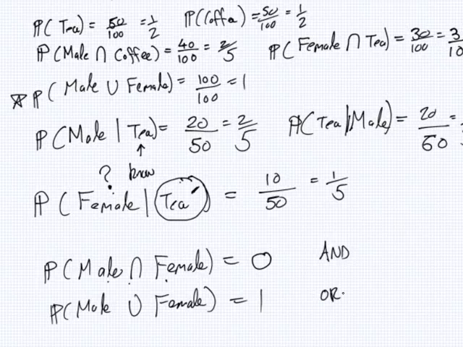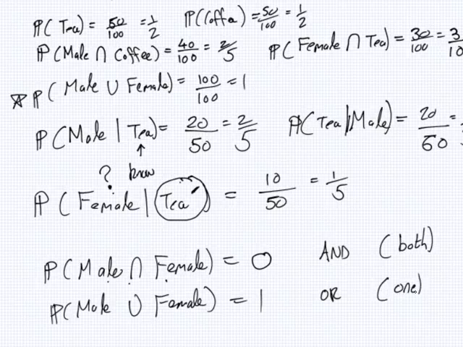In this case, you need both to be true, but you can't get somebody who's both a male and a female. And this one is or, which means you just need one of them to be true. So they could be a male or they could be a female. Is that okay?